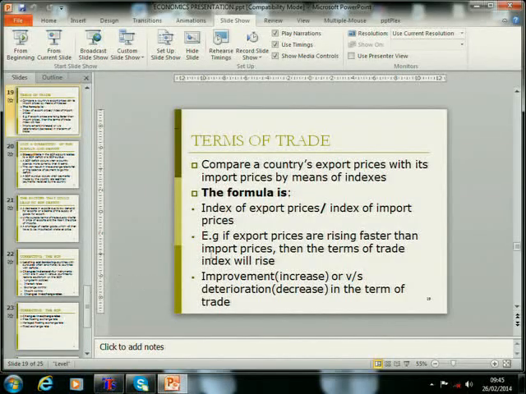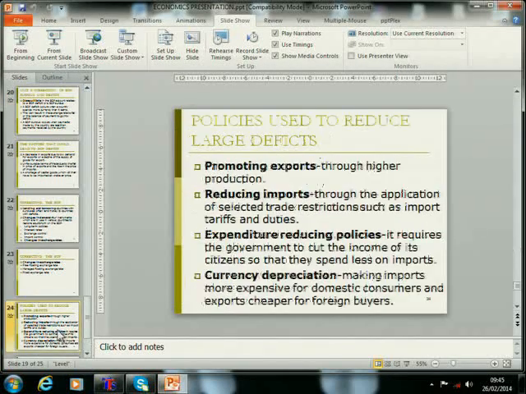Then we go back. The other thing that I want us to look at, I think is the last part, which is very important. The policies that can be used to control a deficit on the balance of payment account. Like I have indicated, if a country experiences a deficit, developed countries might lend to those countries, or they can borrow money from the IMF, International Monetary Fund, or World Bank.